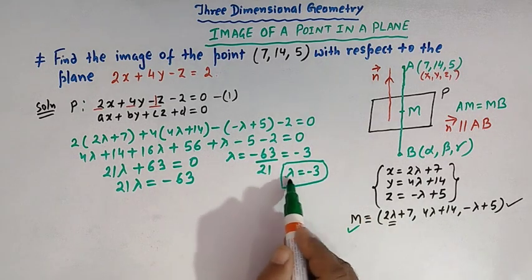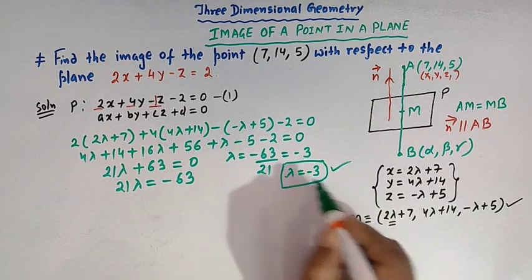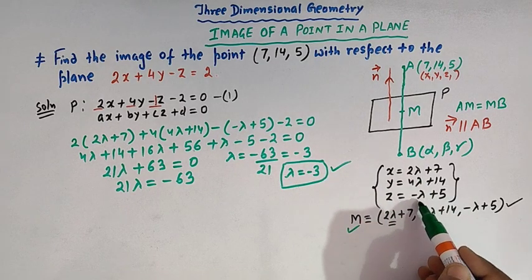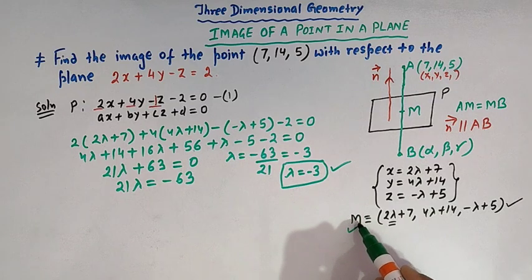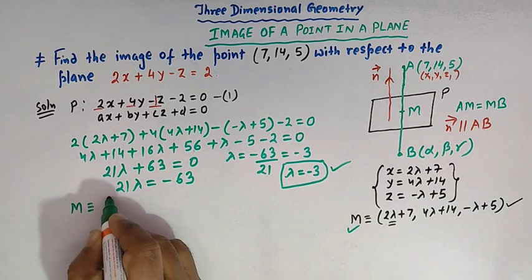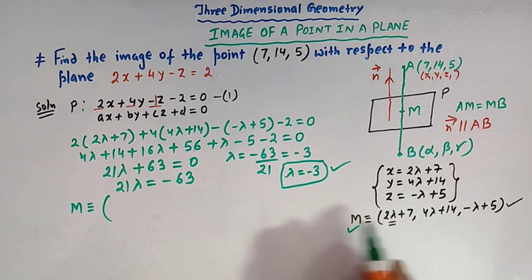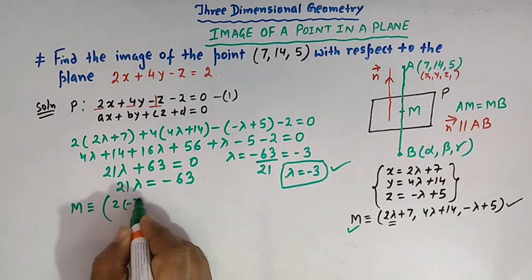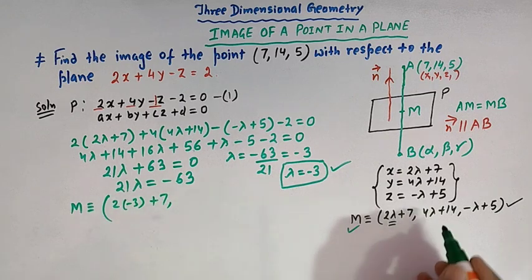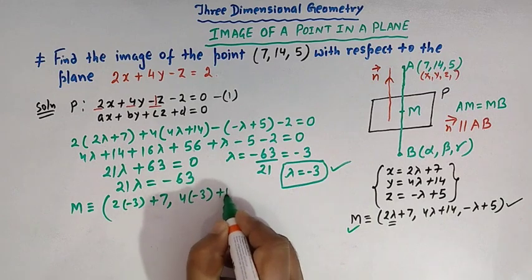Okay, so once we have obtained the value of lambda, we can substitute it here, right, to get the coordinates of point M. So the coordinates of point M can now be written as 2 lambda plus 7. So lambda is minus 3 here, 2 times minus 3 plus 7. Then we have 4 times minus 3 plus 14.